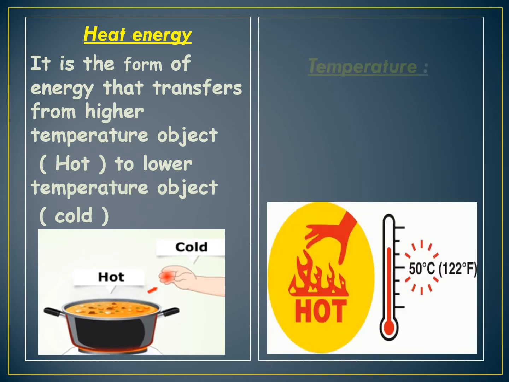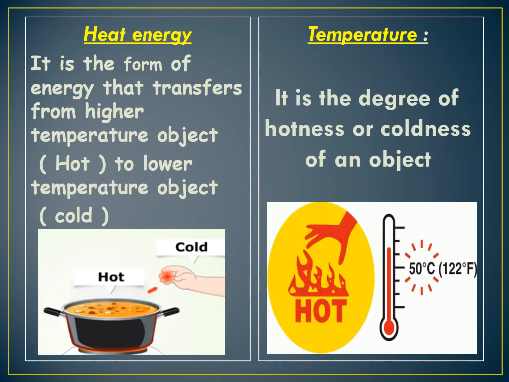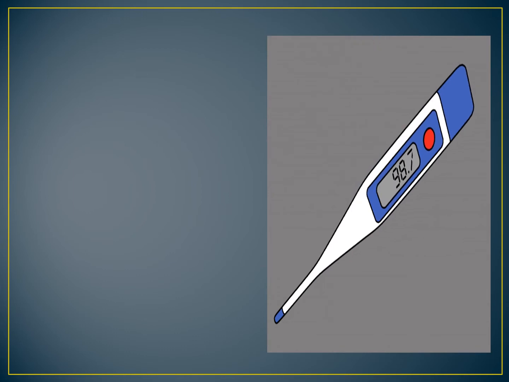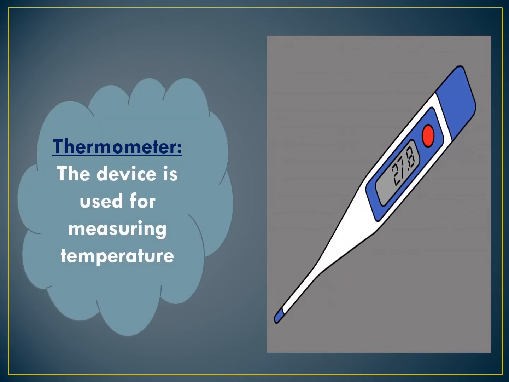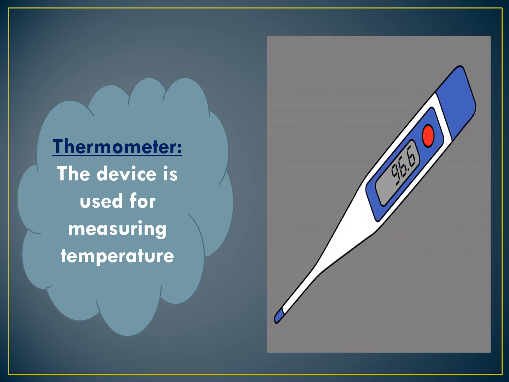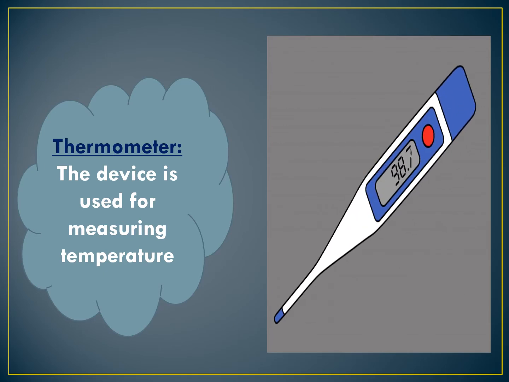While temperature is the degree of hotness or coldness of an object. For sure, we have a device that we use to measure temperature. This device is called thermometer. So, thermometer, the device that we used for measuring temperature.